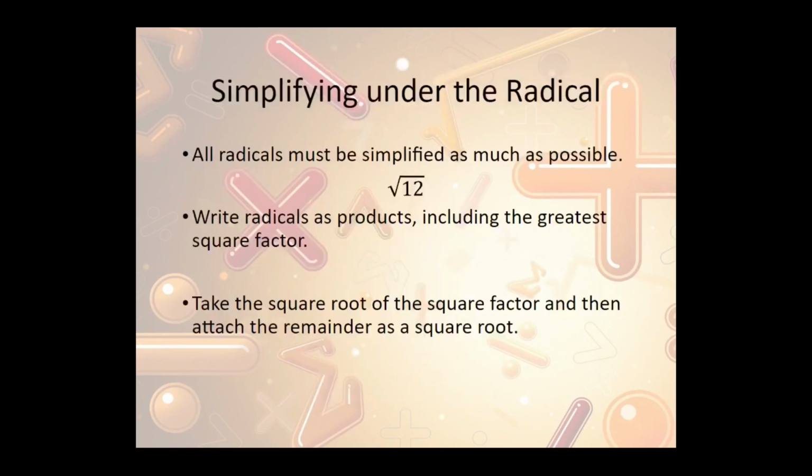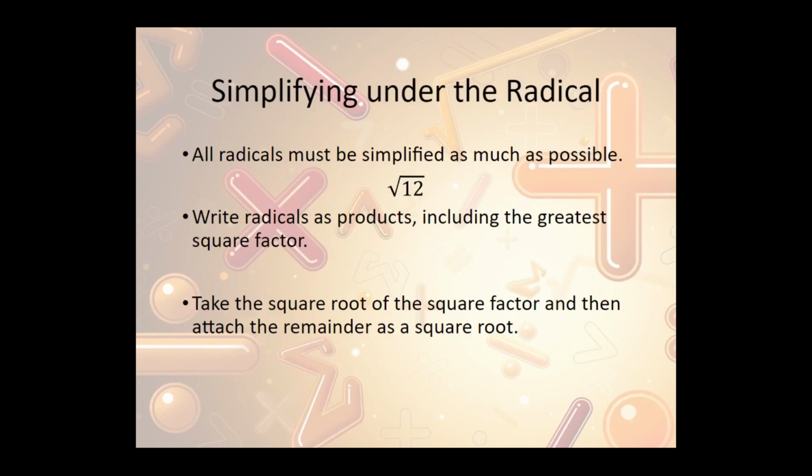Just a reminder, you need to simplify under the radical all the time. So let's say you end up with the square root of 12 under the square root symbol. You always need to simplify it as much as possible, and the way you do that is you try to find the greatest square factor. The factors of 12 are 1, 2, 3, 4, 6, and 12.